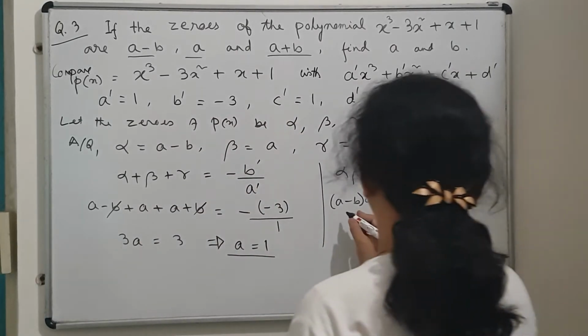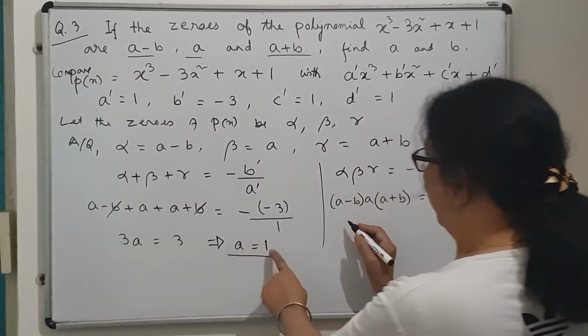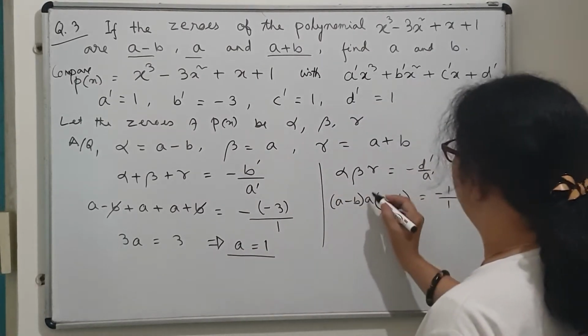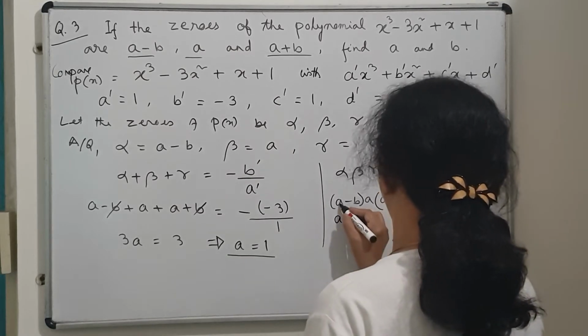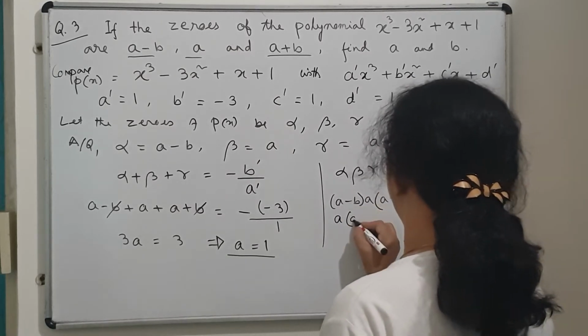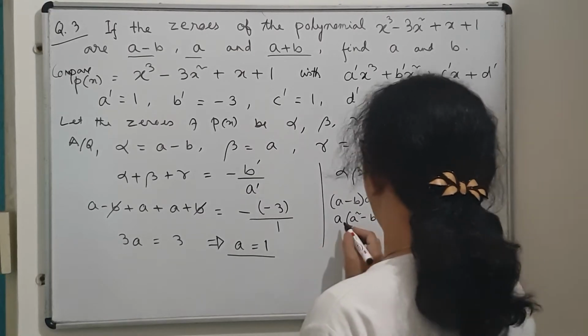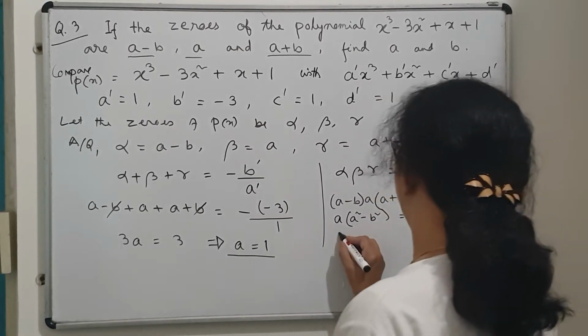Now I can put the value of a here, or I can do one more simplification also. A into (a plus b) into (a minus b) is a into (a square minus b square), which is minus 1. Now I can put the value of a. A is 1.